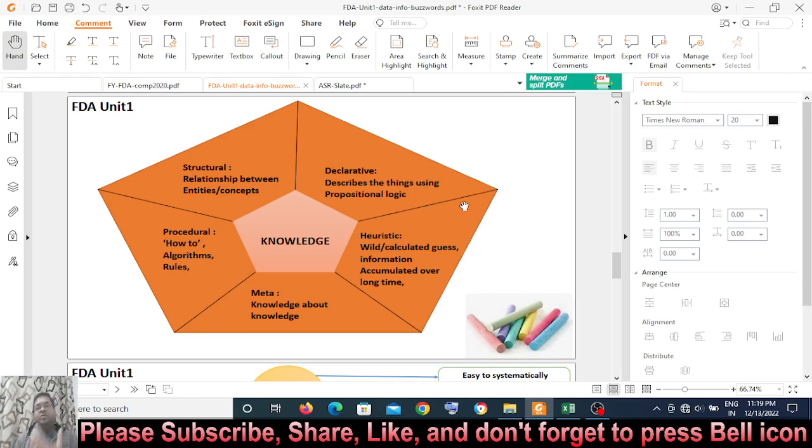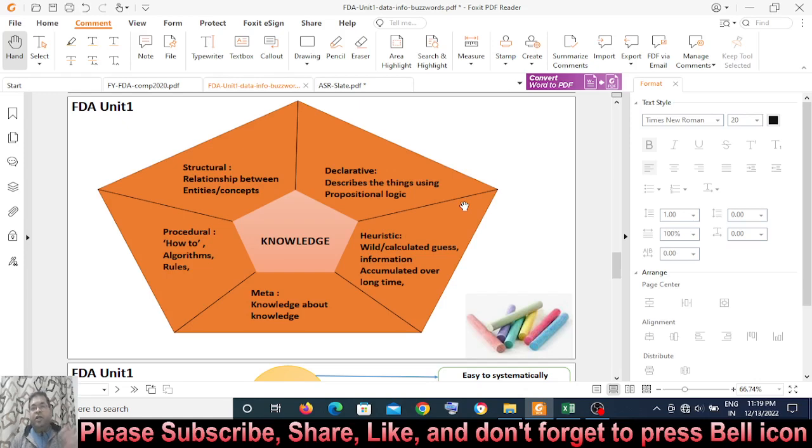First type is the declarative type. When we say something as a proposition which describes things, I can say Rama is a strong guy. Okay, this is a declarative sentence. So this describes Rama. Then we say this is propositional logic. This is the knowledge.